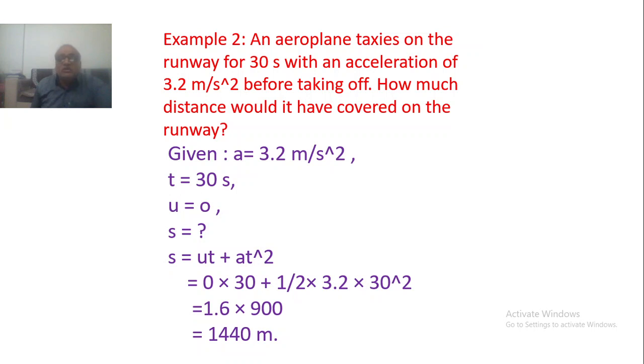Now initial velocity is 0, so u into t is 0, plus half into acceleration 3.2 meter per second square into time 30 square. 30 square is 900, half of 3.2 is 1.6. 1.6 into 900, that is 90 into 16, that is 1440 meter.